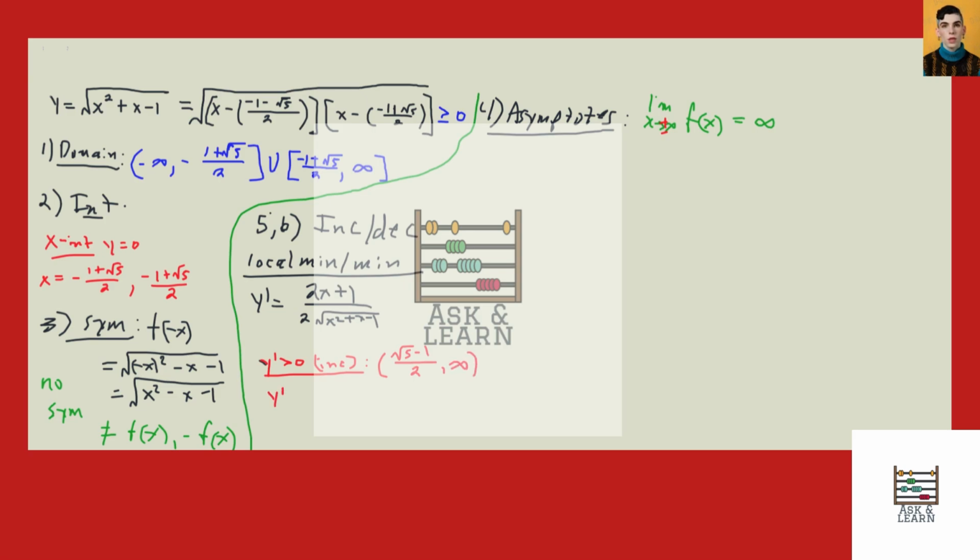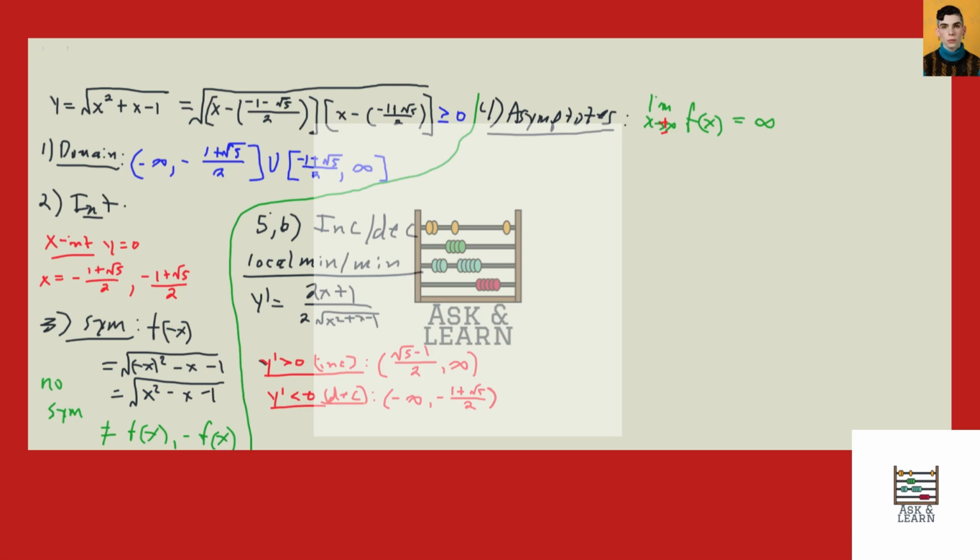And y prime strictly less than 0 tells us it will be decreasing, on negative infinity to (-1 plus the square root of 5) over 2.